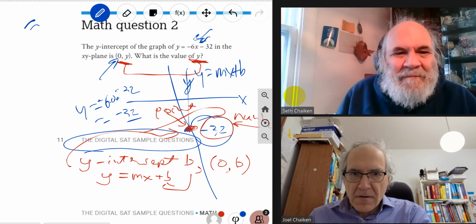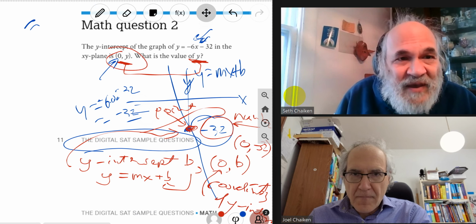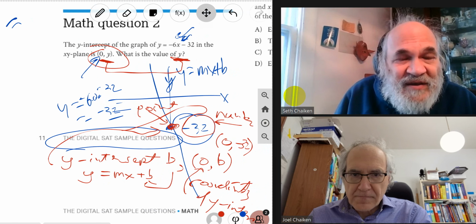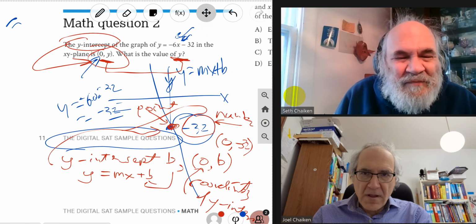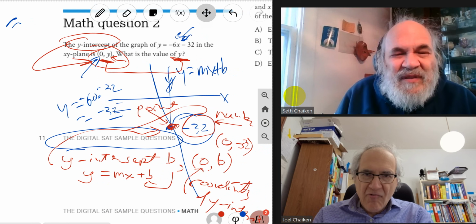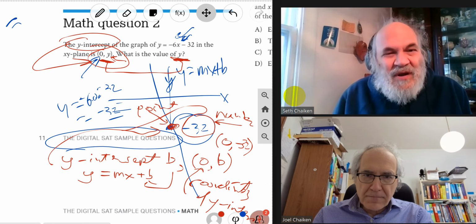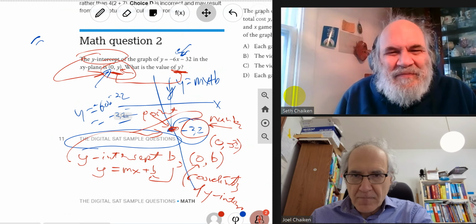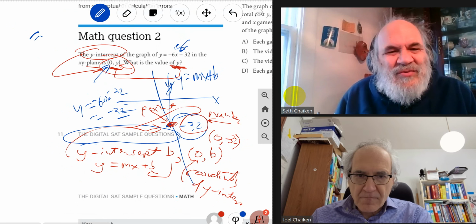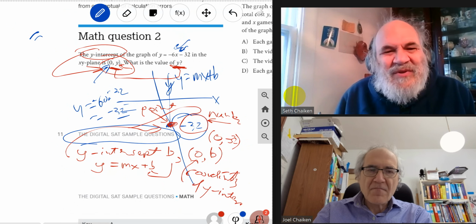And they're asking you to match the concept of y-intercept in this form with the value of the number that's the second coordinate.